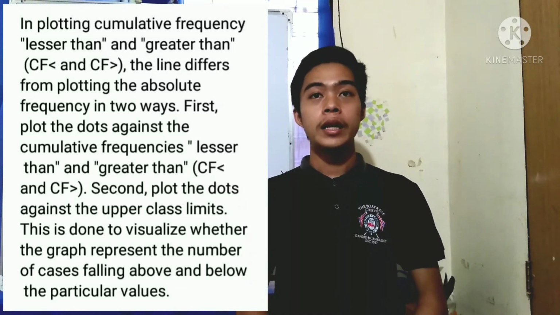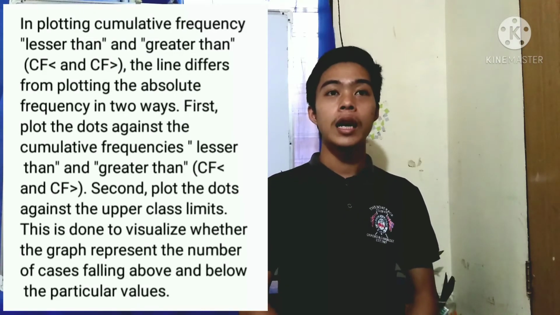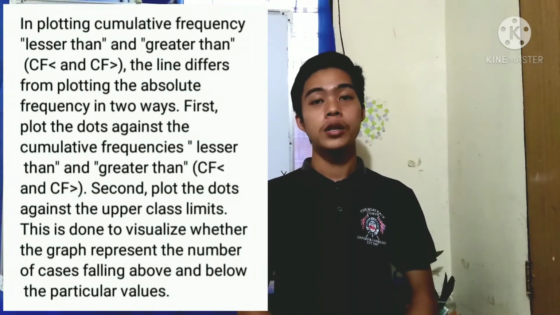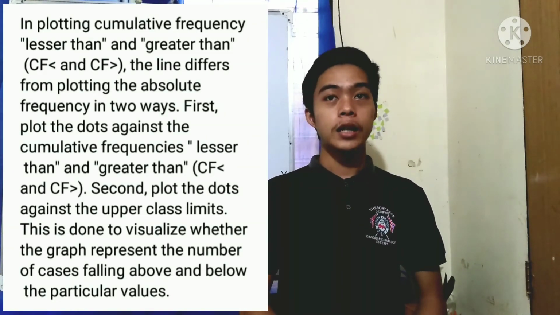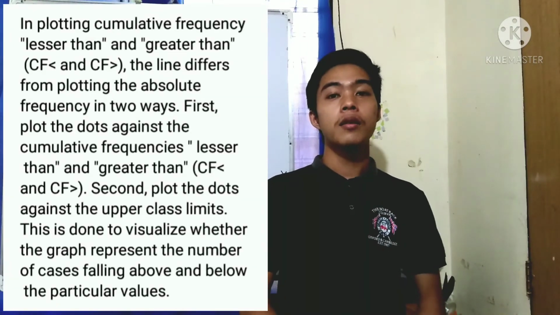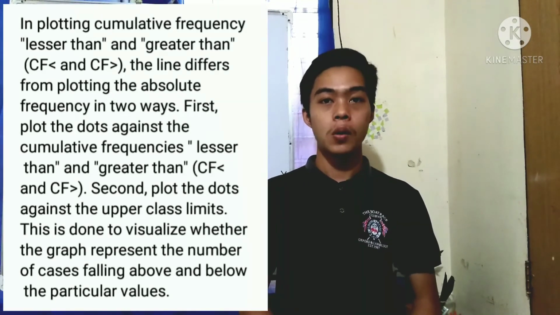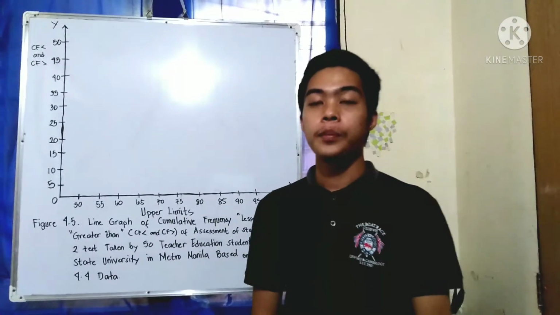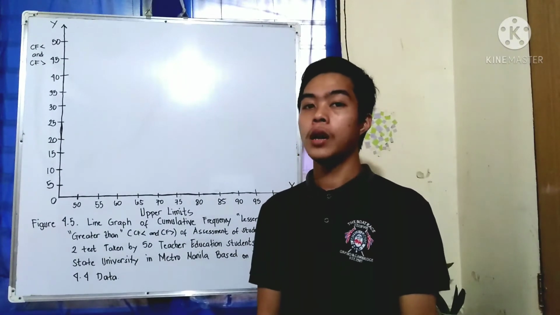Second, plot the dots against the upper class limits. This is done to visualize whether the graph presents the number of cases falling above and below particular values.